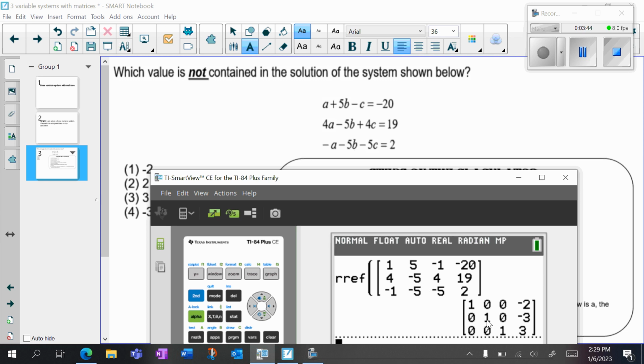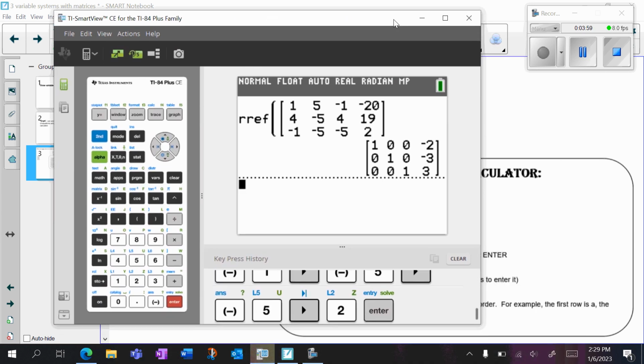So here where the 1 is, the b value is negative 3. And then in the third column, I had negative 1, 4, negative 5 for my c's. That means here, c value is 3. And remember, it goes in alphabetical order. So again, my a is negative 2, my b is negative 3, and my c is 3.